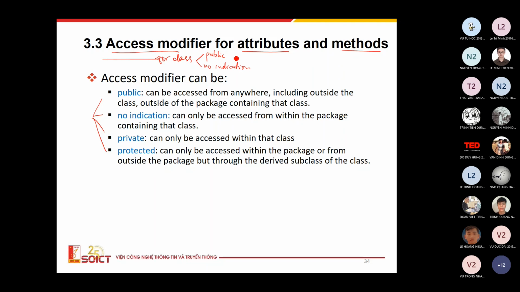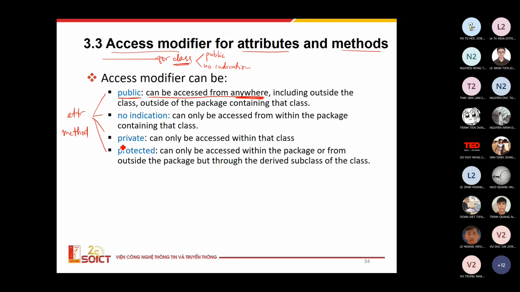This is for class, and this is for attribute and method. You can have 4 kinds of access modifier. The first one is public. Public means it can be accessed from anywhere, including outside the class or outside the package. Everywhere.